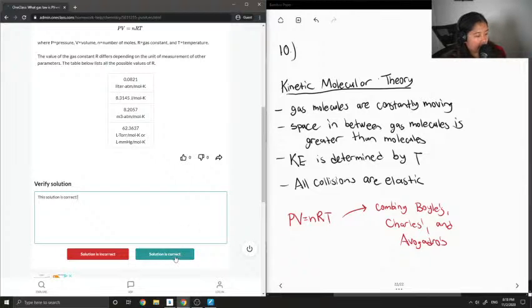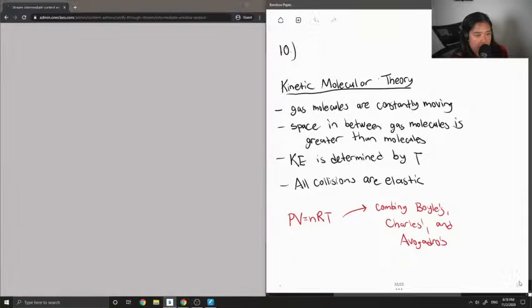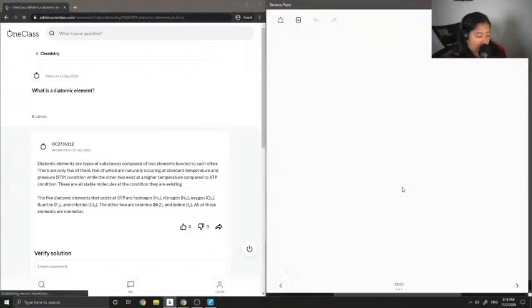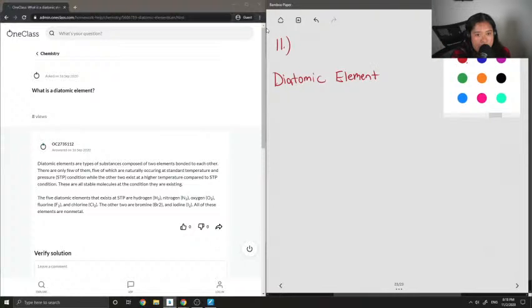Okay, so I think we have time for one more question. Question 11 simply asks, what is a diatomic element? You'll notice that in the word, you have di, which is one of the prefixes that stands for two of something.